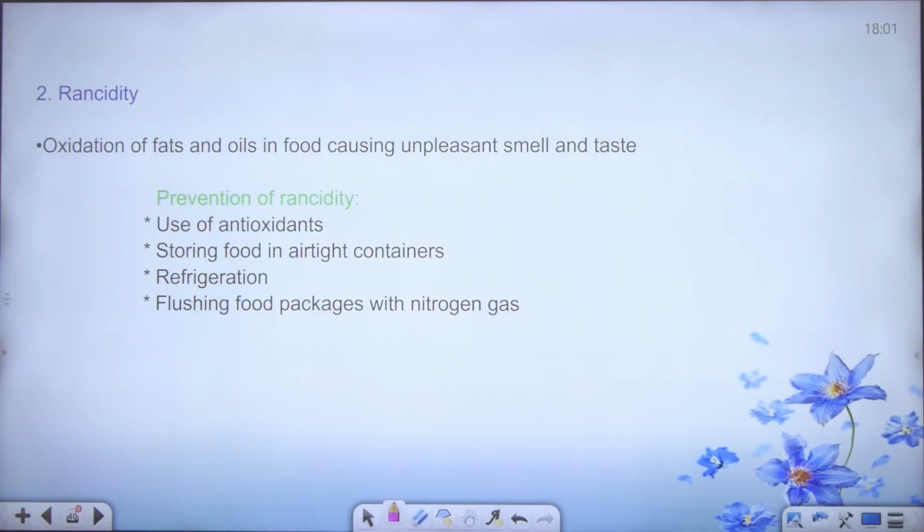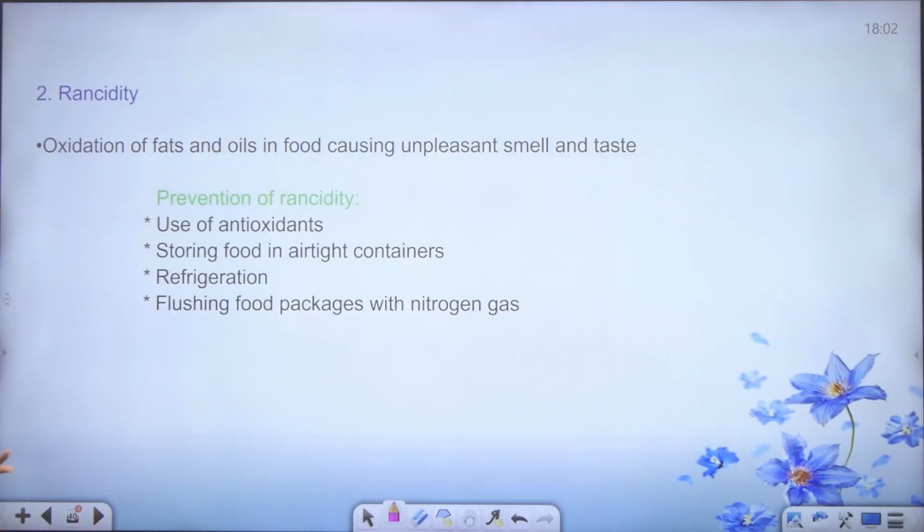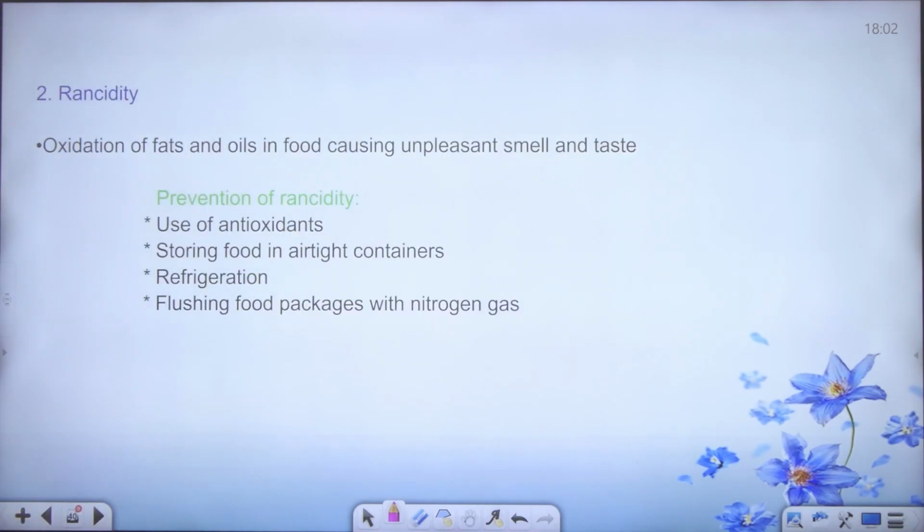Next one is rancidity. Effect of oxidation in daily life: the first one is corrosion, the next one is rancidity. When metal is oxidized it corrodes, or rancidity is formed. What is rancidity?